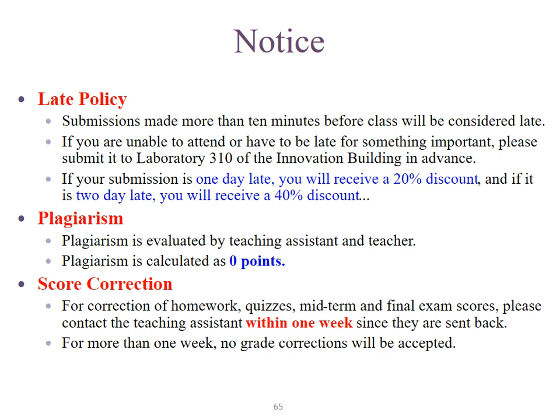The last thing is the correction of scores. Once the TA has finished correcting your answers and giving you scores, if you discover anything wrong, maybe in the calculation of the total score or some missing questions the TA did not notice, you can correct your score within 1 week after the homework is returned to you.